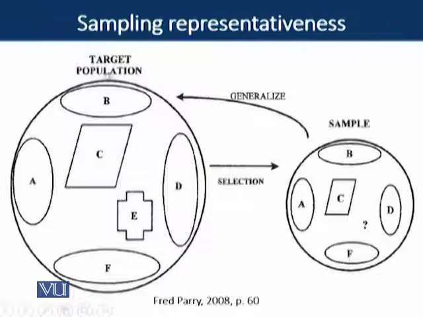When these features are to be explored, you must select a sample which has all these features, all these characteristics, right? So in this case, we are observing here that all other features are available, but E is missing in the sample, right? So professional qualification is a feature which is missing here.